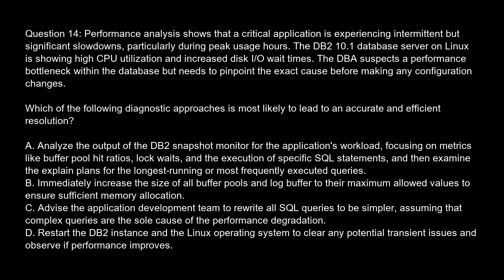Option C. Advise the application development team to rewrite all SQL queries to be simpler, assuming that complex queries are the sole cause of the performance degradation. Option D. Restart the DB2 instance and the Linux operating system to clear any potential transient issues and observe if performance improves.